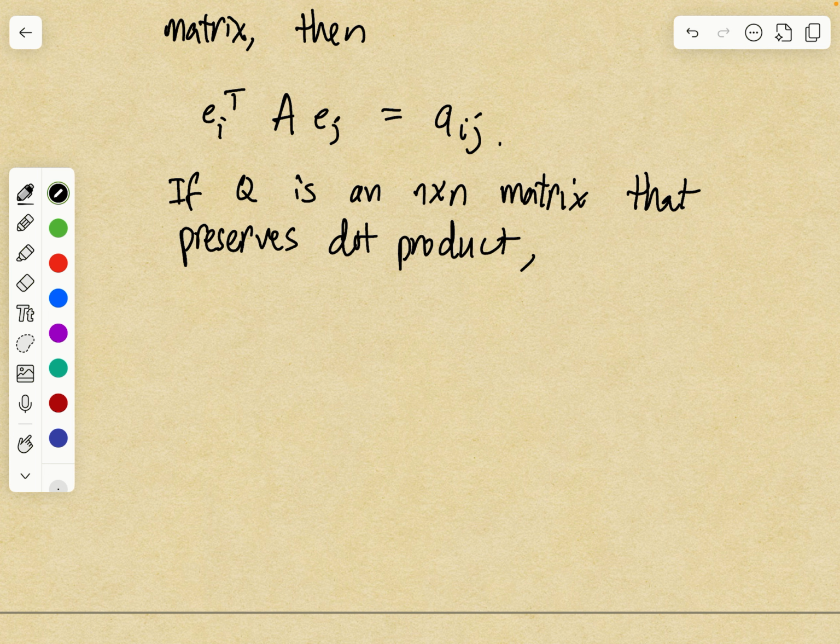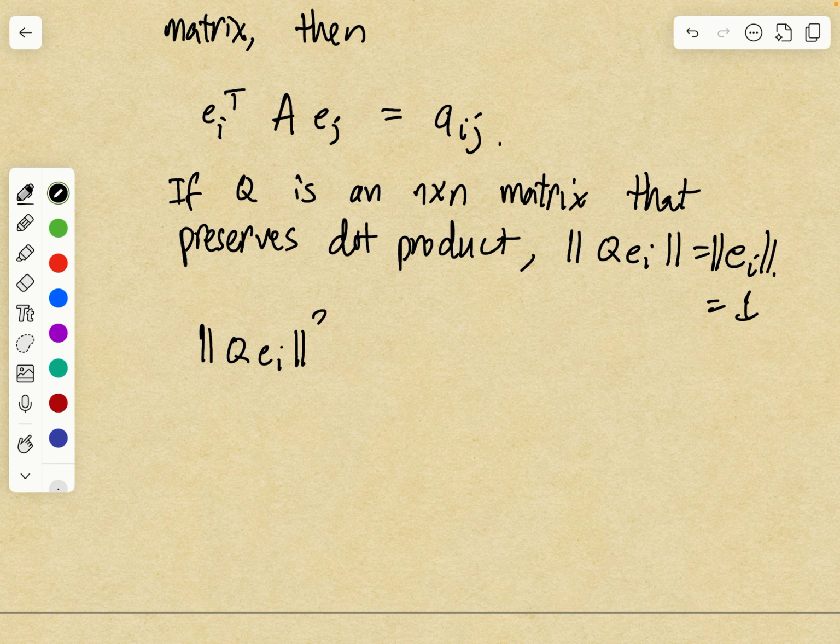Well, if Q is such a matrix, then the length of Qe_i must be the same as the length of e_i, which must be 1. And the length of Qe_i squared must be 1. And this squared length is the dot product of Qe_i with itself.